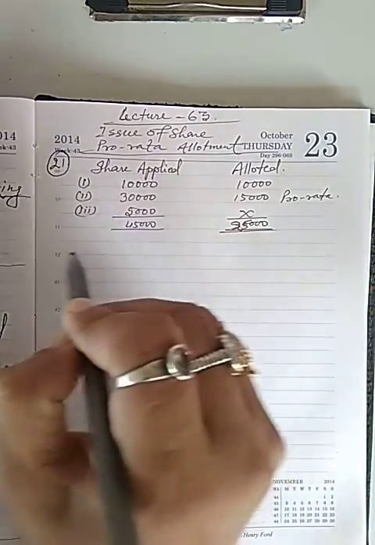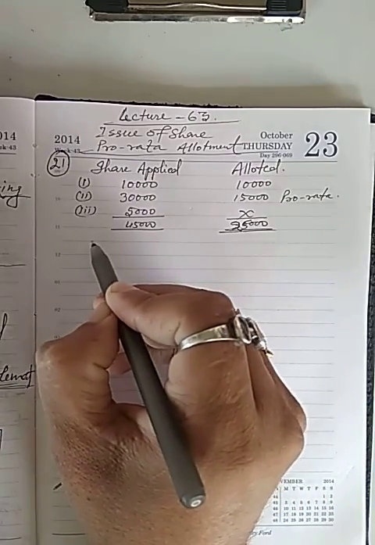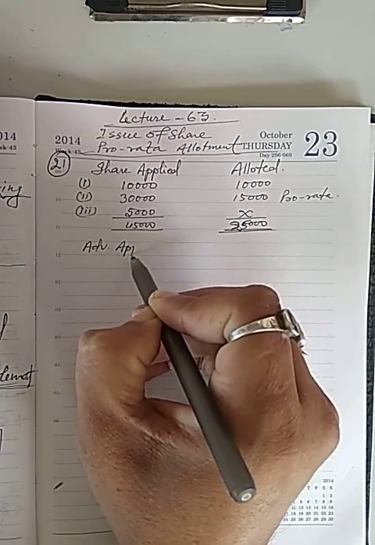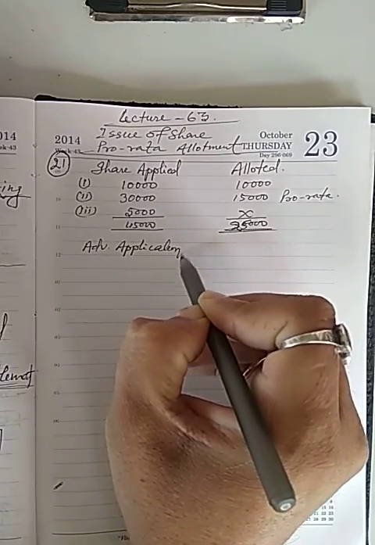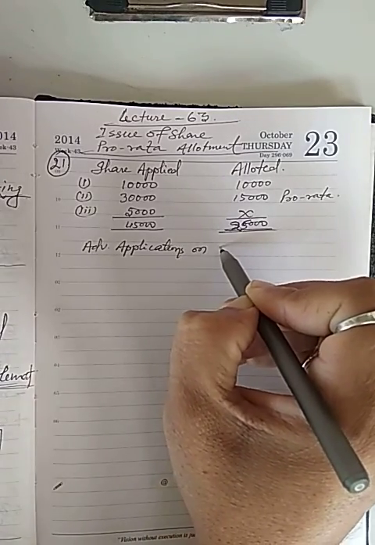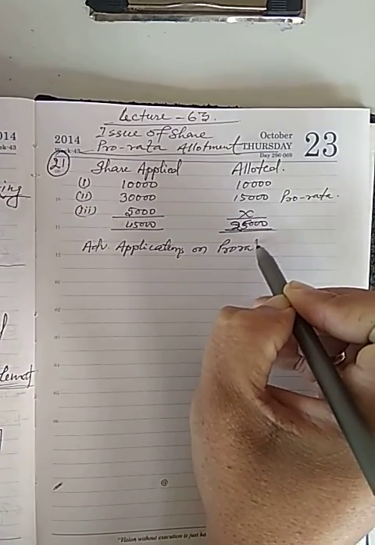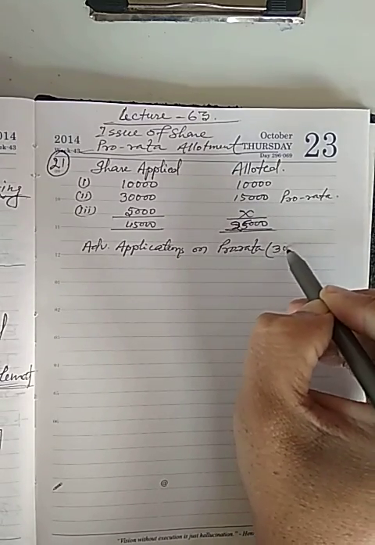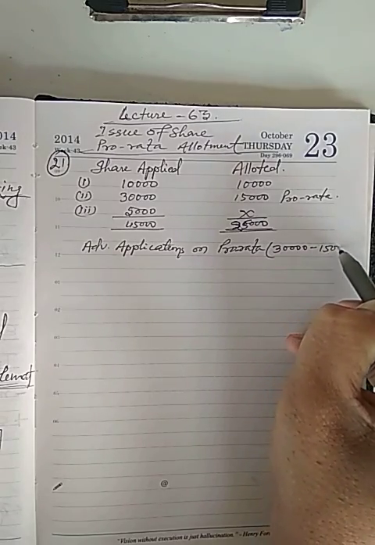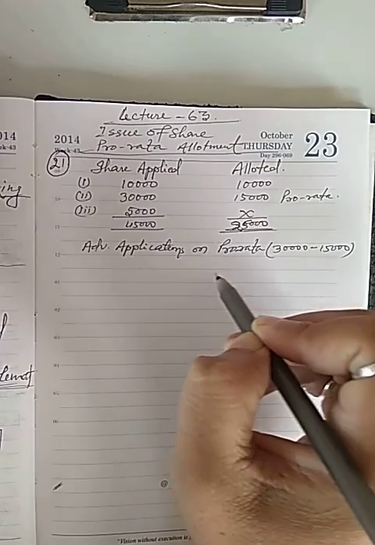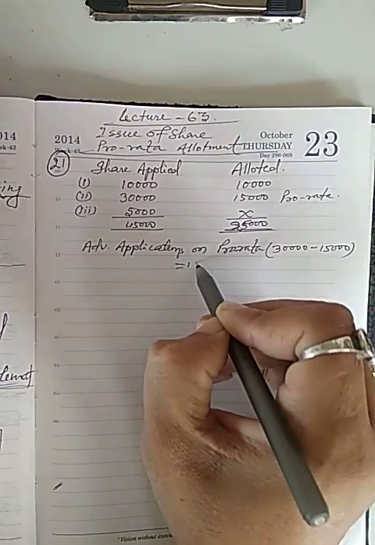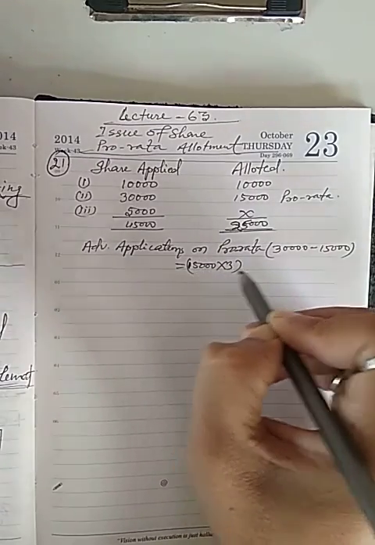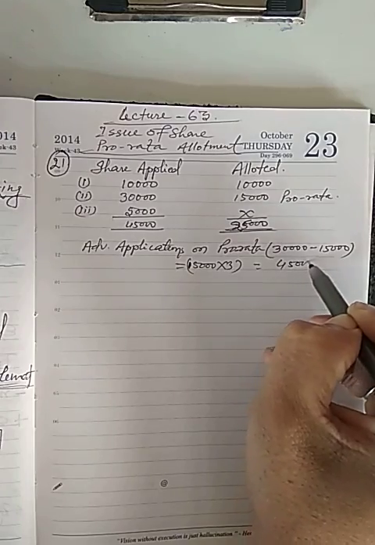Now advance application money on pro-rata equals 30,000 minus 15,000, equals 15,000 into 3, equals 45,000.